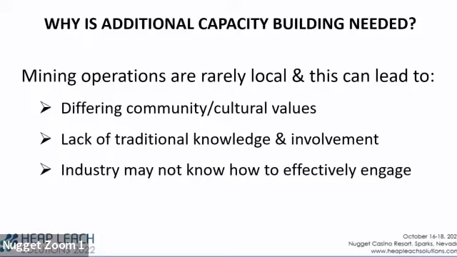These communities also often are already dealing with a variety of socioeconomic issues. So capacity building is needed because without additional resources, they may not be able to fully engage with the mining industry. And the offset of this is, if they don't have the additional resources to engage, the easier answer is just no, right?